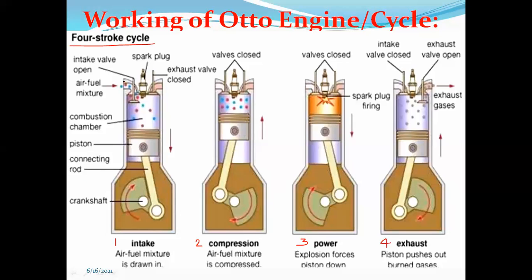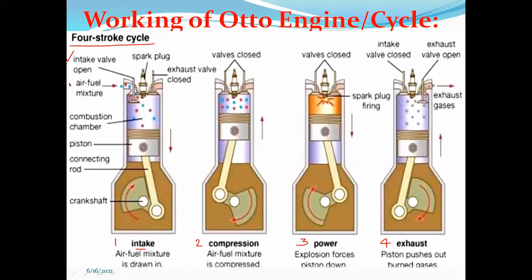In the first one, the first stroke is the intake stroke. At the bottom of this diagram, you can read that the first one is the intake stroke. Here in the intake stroke, the air and fuel mixture is drawn inside the chamber. This part has essential elements. First is the intake valve, which is open during this process.